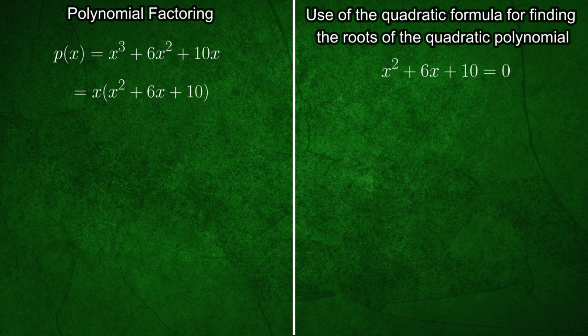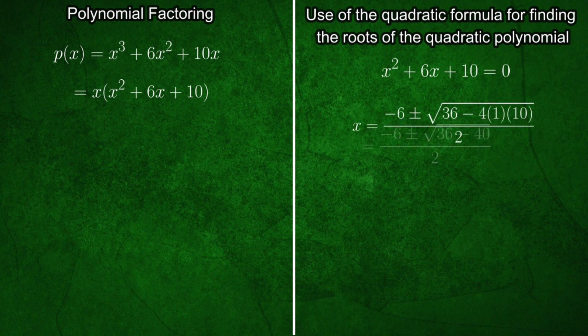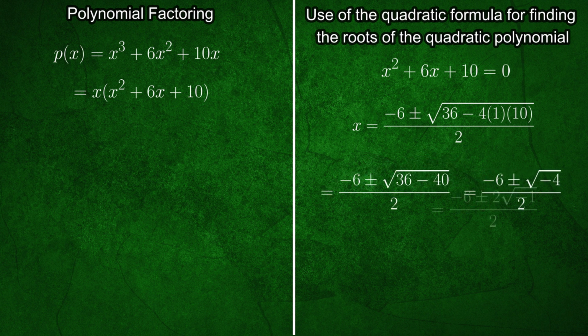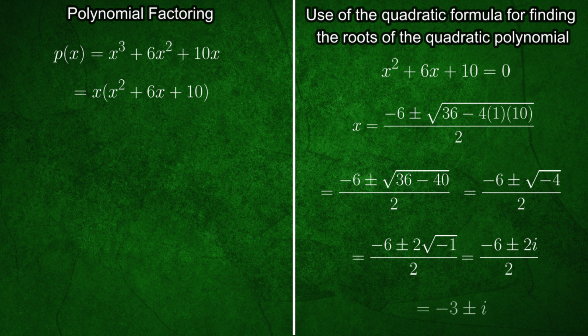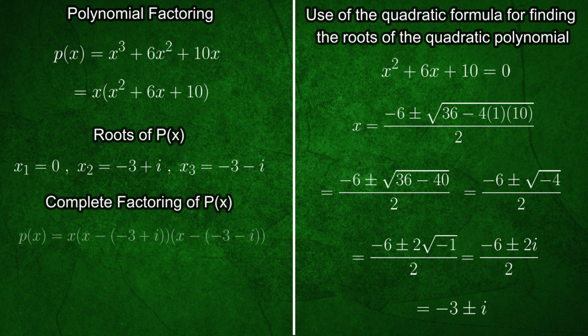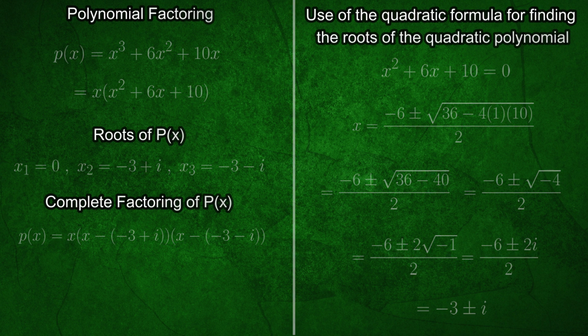By using the quadratic formula, we get the expression minus 6 plus minus the square root of 36 minus 40, divided by 2, which can be expressed as minus 6 plus minus 2i divided by 2. And if we simplify, we get minus 3 plus minus i. Thus, the roots of p of x are 0, negative 3 plus i, and negative 3 minus i. One real and two complex roots.